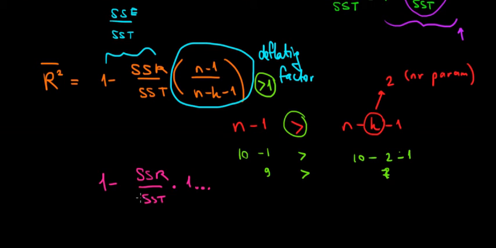We're subtracting a higher value than we had before. And if we're subtracting a higher value than we had before, this whole difference is reduced, meaning that the R-square that we had goes down, and this deflation is what makes it adjusted. We adjust for the inflation of R-square by deflating it by this factor, and as a result we have a lower value in the end. Hope this makes sense, and we are done.